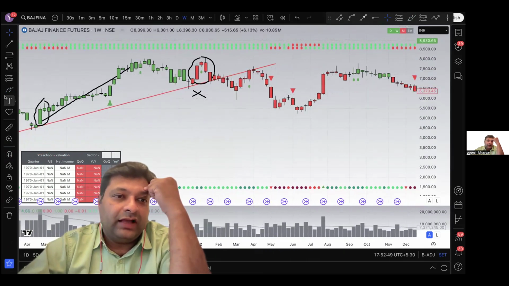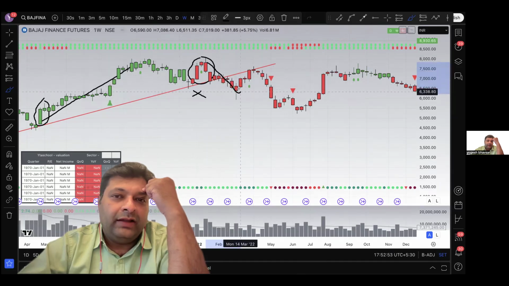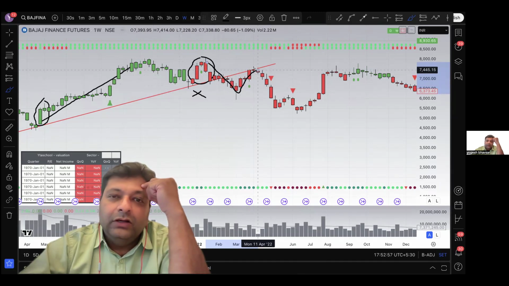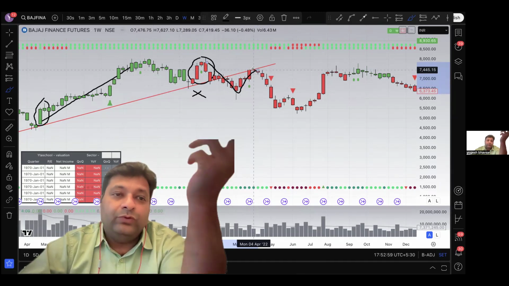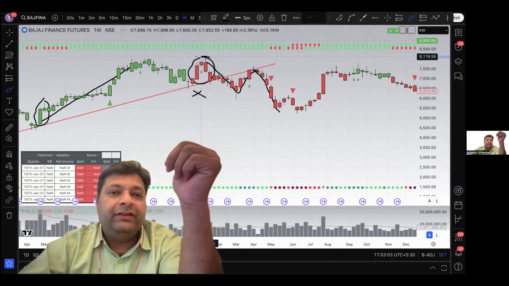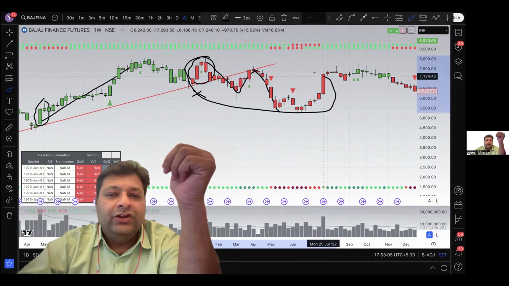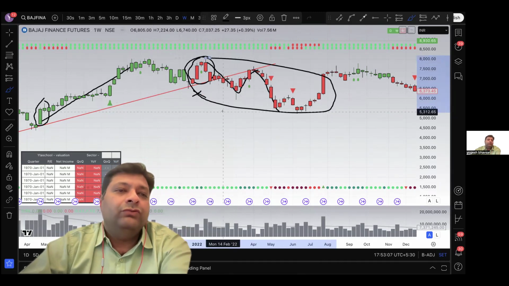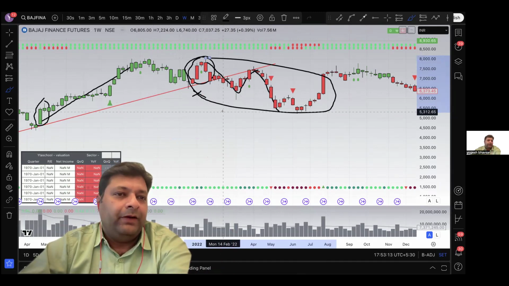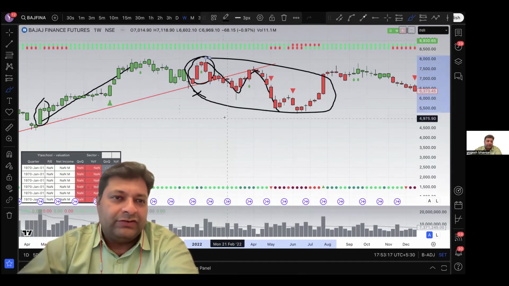So this is a classic example: the stock breaking the trend line, support converting into resistance, and the stock went down. And everything is just red. You did not even have to apply any kind of analysis in such trades. You just didn't have to take the trade. You could have just stayed out of this trade.